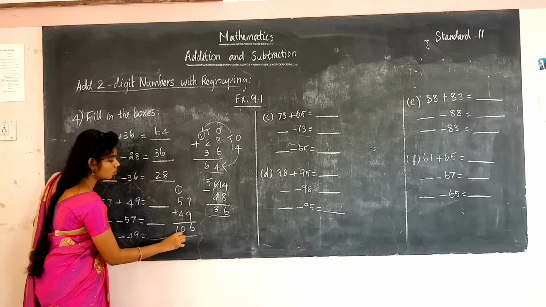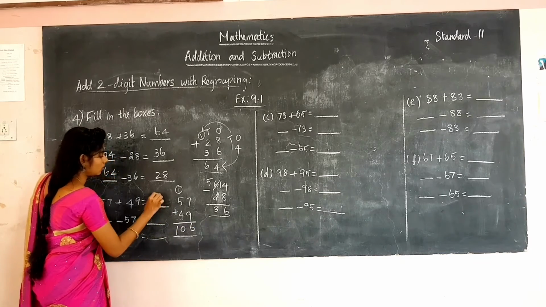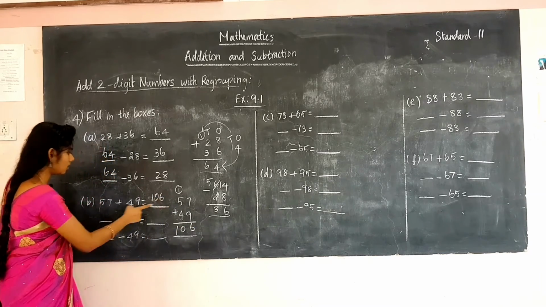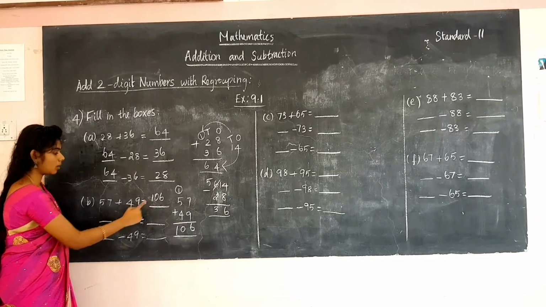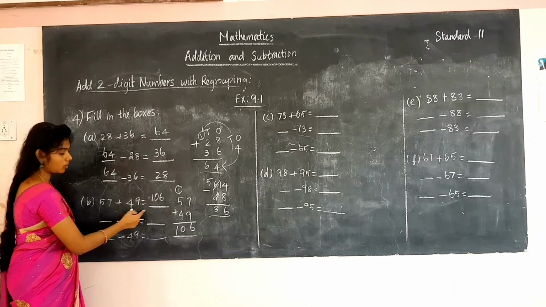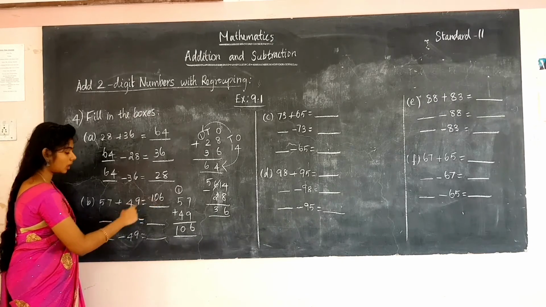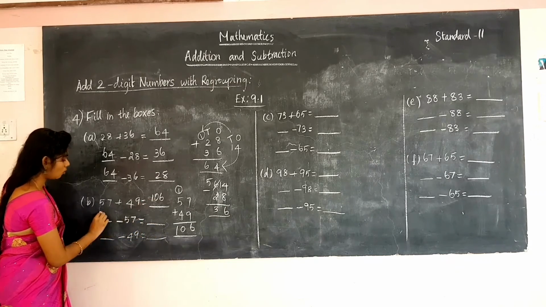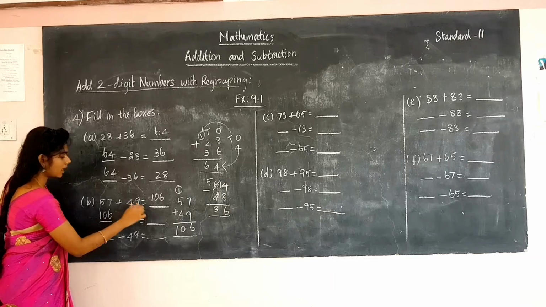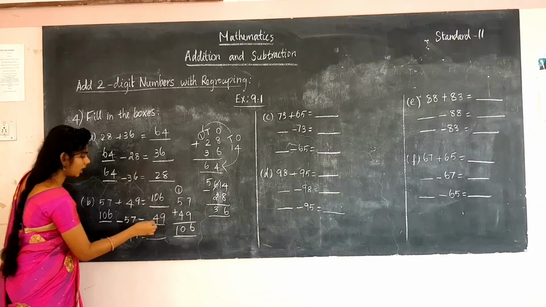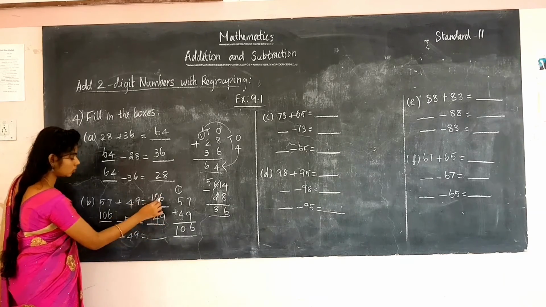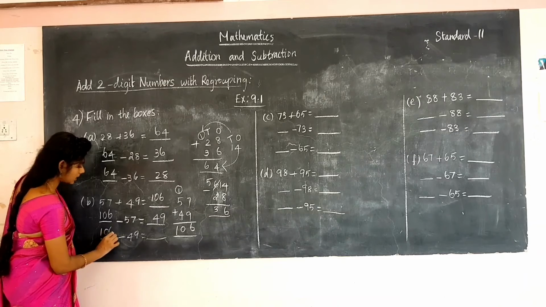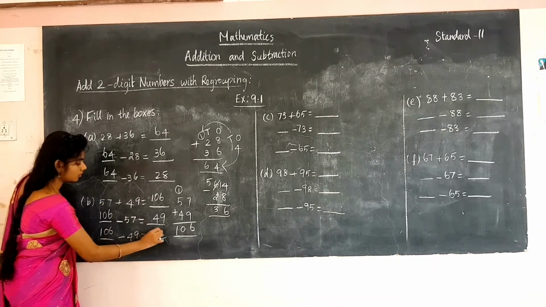So the answer is 106. Now when you subtract either of these two numbers from this number, you get the rest. Subtracting 57 from this number, the answer is 49. Likewise, subtracting 49, you get the answer 57.